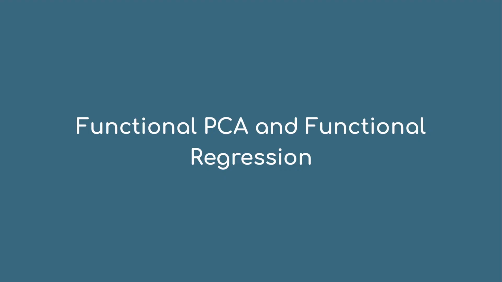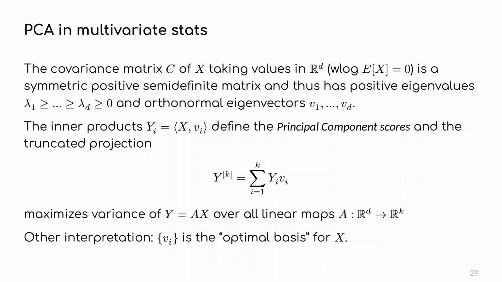Okay, so enough with the not so nice math, of which I skipped quite a lot. Let's move on to maybe the closest things to the application, so functional PCA and functional regression. As a brief recap, in finite dimensions I can use the fact that my covariance matrix is symmetric positive semi-definite, which means that it has positive eigenvalues and orthonormal eigenvectors to decompose my data.